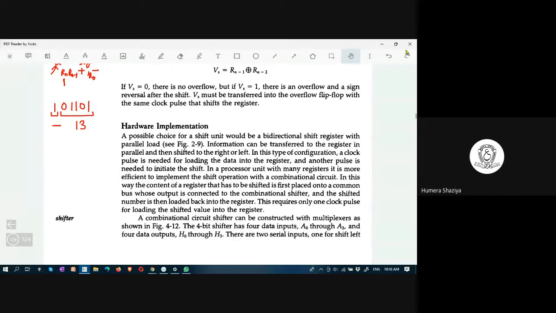Now perform ASHR. Perform ASHR and tell me what is the value.